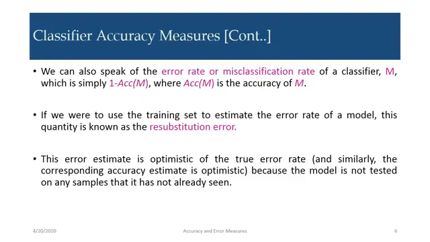Misclassification means the error rate, so that should be deducted from 1. So, 1 minus accuracy of M.